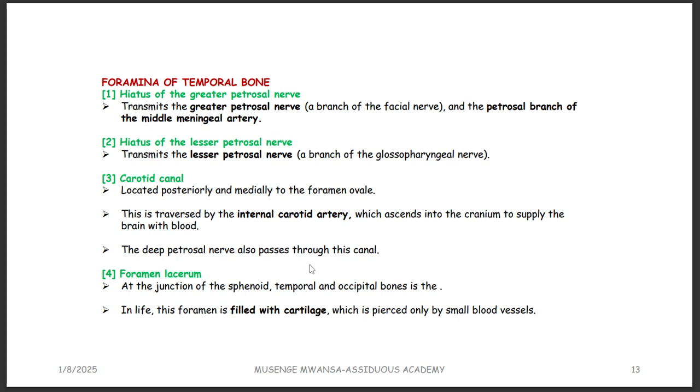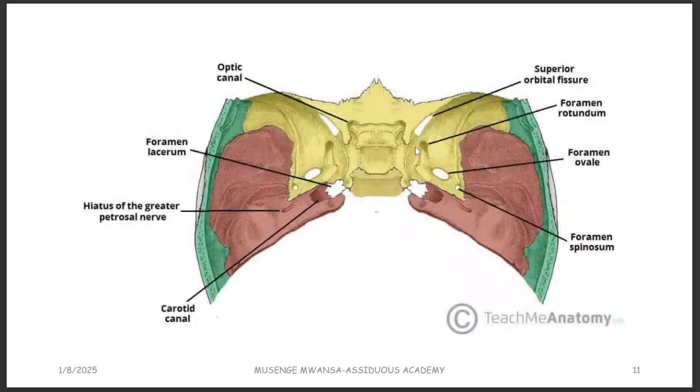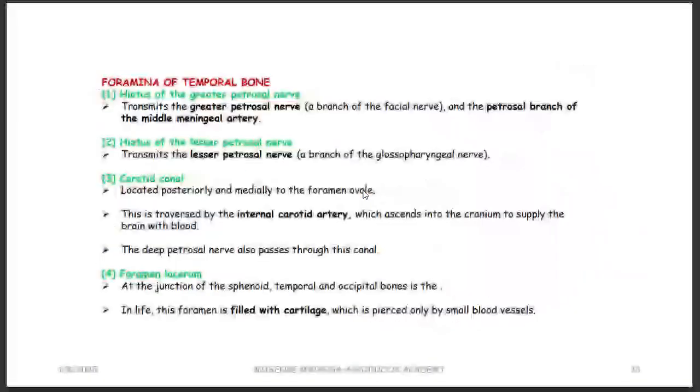The external carotid will be supplying the parts of the head and neck which are outside, like the outer aspect, but the inside of the head is the internal carotid. So take note of that. Carotid canal, the main content is the internal carotid. It's actually medial to the foramen ovale. You can see foramen ovale is this one, and then this guy is more on the medial aspect.